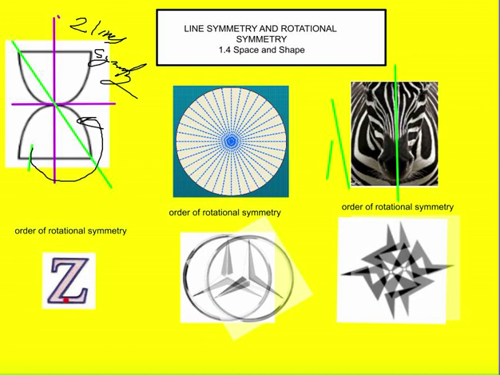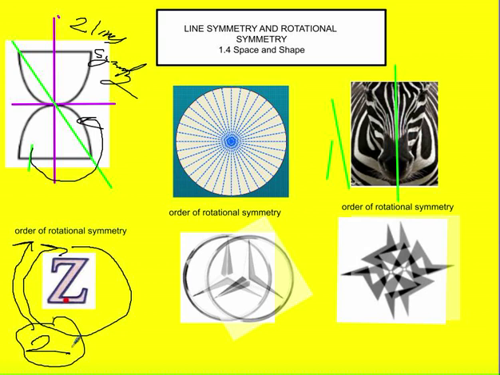So during a full rotation, there are two moments when this Z is perfectly aligned or perfectly symmetrical. It therefore has an order of rotational symmetry of 2.